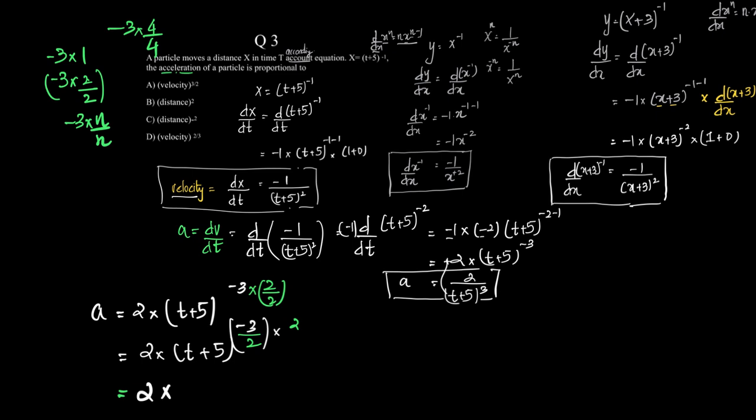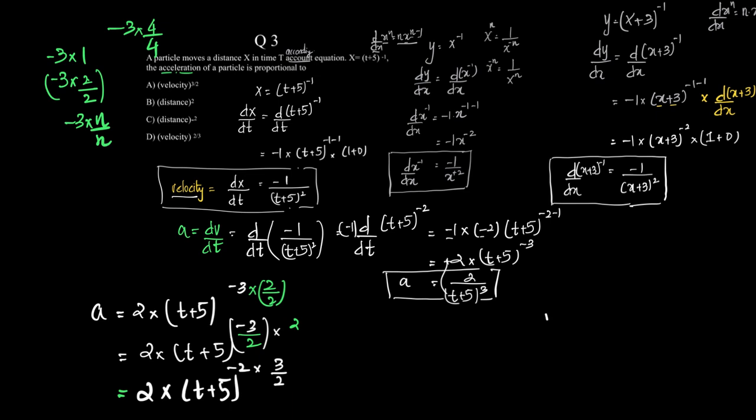I'll write it further again, (t plus 5) the whole raised to minus 2, the whole into 3 by 2. All right.